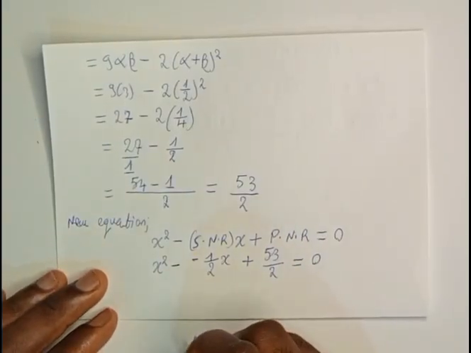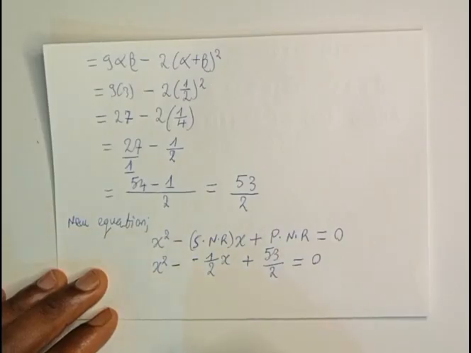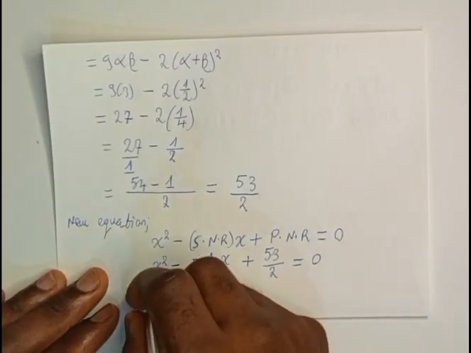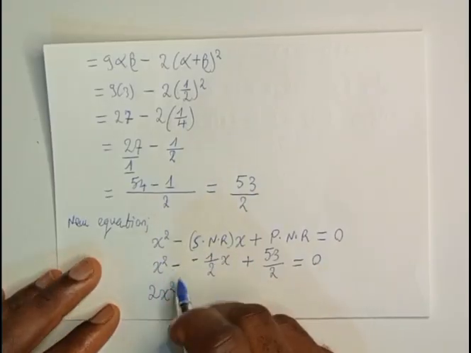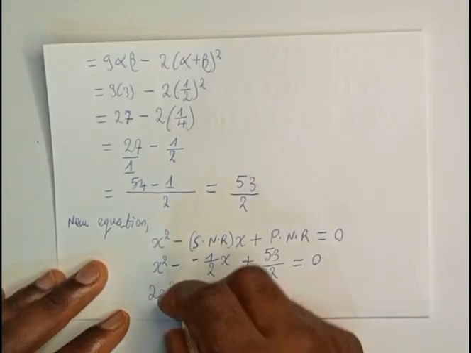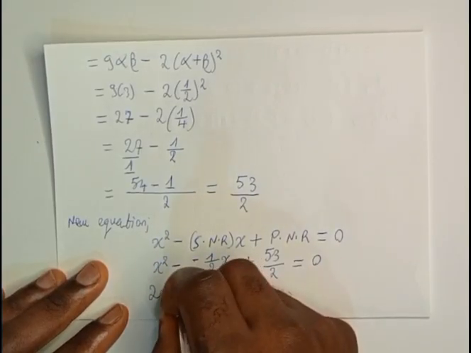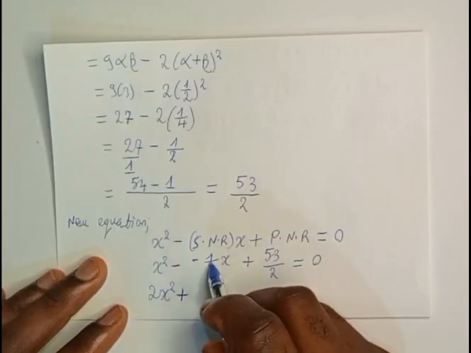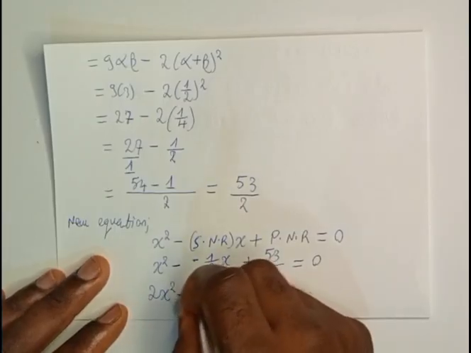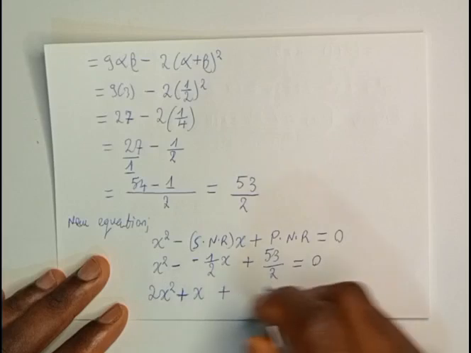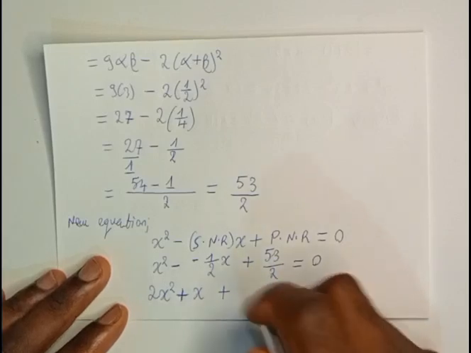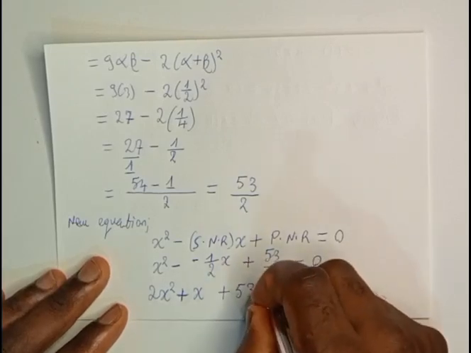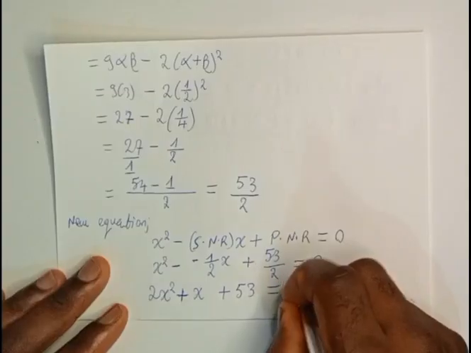If we multiply both sides by 2, so as to eliminate these 2's from the denominator, this will give us 2x squared. We know the negative becomes positive, plus 2 times a half gives us 1, plus x, plus 2 times 53 over 2 gives us 53 is equal to 0.